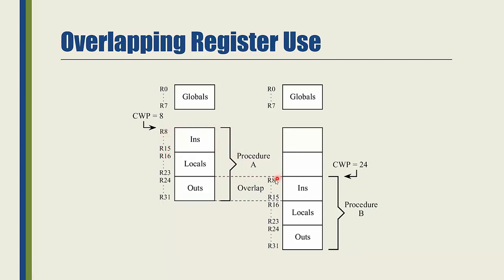So procedure B can use the same set of registers, even though procedure A is not finished yet, because the execution is overlapped, but the actual value that is used is not overlapping, because we have to make sure that procedure A is already finished using the input. Now procedure B can use the input registers. So this is the enhancement that we can get by having registers used in an overlapping way.